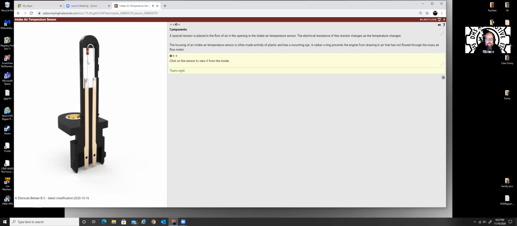Okay, so those two values can be figured out just by getting a simple reading by looking at the voltage signal, which is changed based off of the resistance that changes based off of the temperature that is applied to the sensor. It will let the computer know just how much air is coming on in, or the temperature of the air coming in, better said.